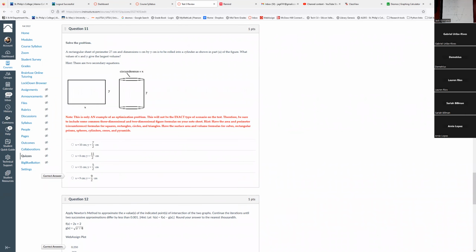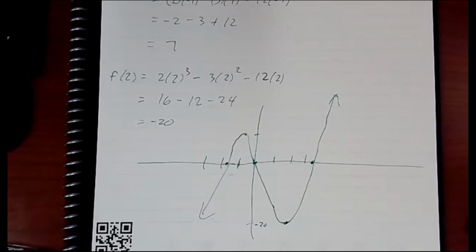Let's look at 11. I'm just gonna copy paste this. So picture rolling up a rectangle into a cone, or sorry, a tube.